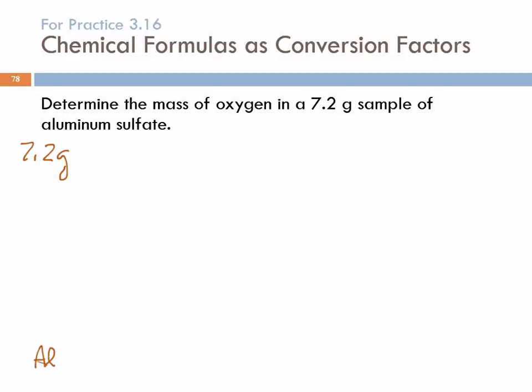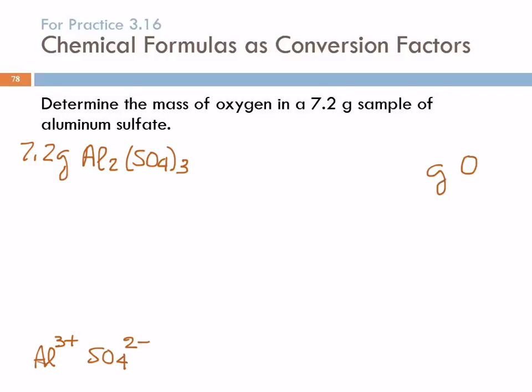Yeah, you're like, I gotta think about this one. So mentally, we're doing Al3+ and SO4 2-. Got to get the charges right. So this is going to be Al2(SO4)3. 7.2 grams of that, and we want the mass of oxygen. Grams of O.